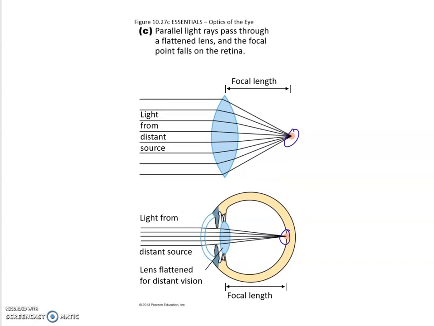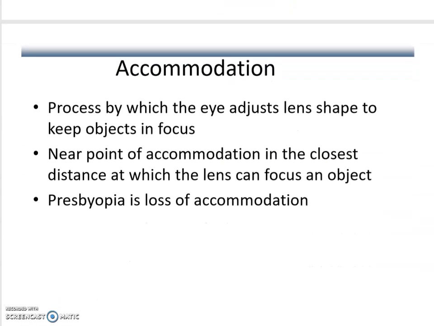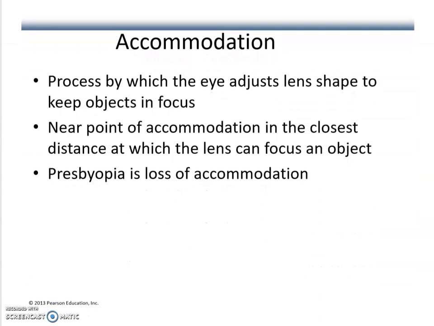Now, depending on how far away the object is that you're looking at, you need to either flatten out your lens or make it a little bit thicker, and that's done through accommodation. So in accommodation, you will adjust the lens shape so that you can focus on a certain image.